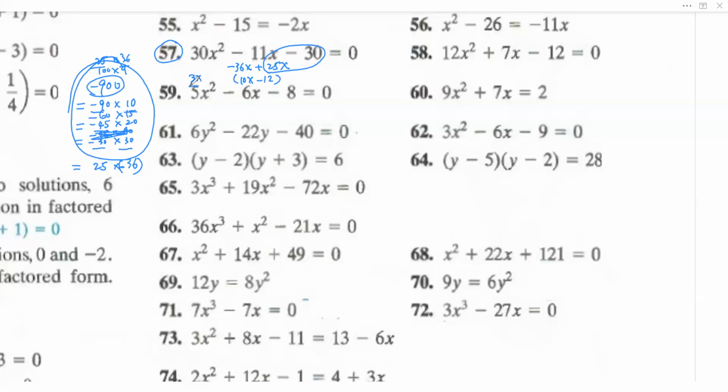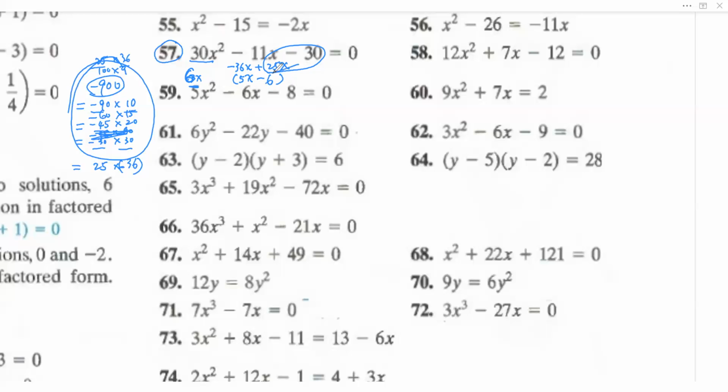Looks like this 3x is not big enough, right? We need to take 6x out. 30x squared minus 36x. We need to take 6x out. 3x is too small, right? So we need to change here a little bit. So the rest here is 5x minus 6.